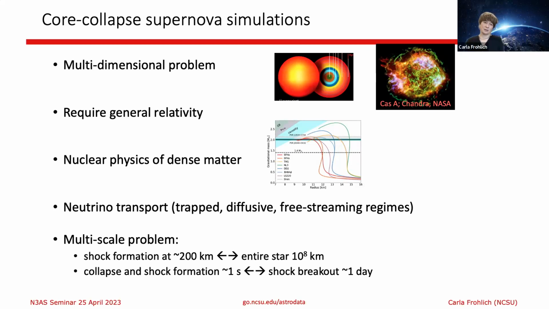And in addition, it's a multi-scale problem in the sense that we have very short time and length scales and very long time and length scales that are relevant. So this makes simulations of core collapse supernovae a computationally expensive problem.